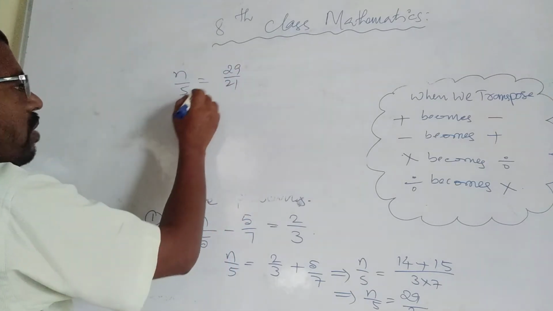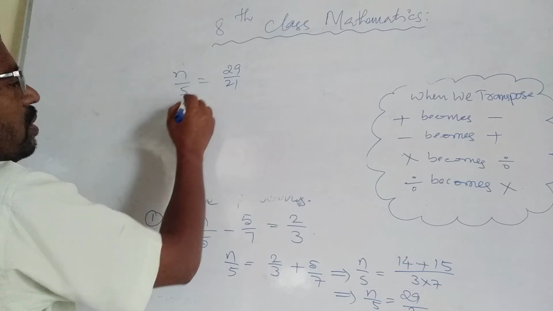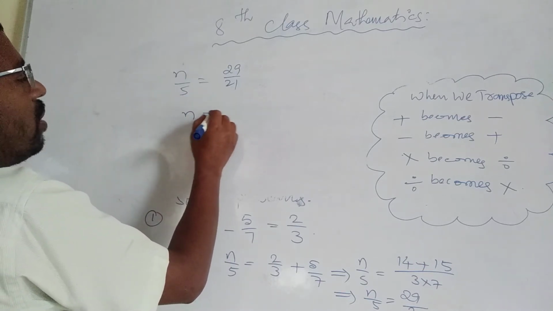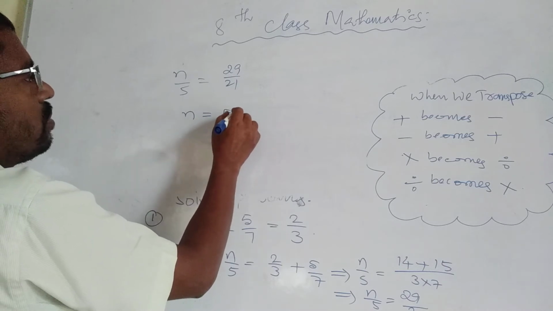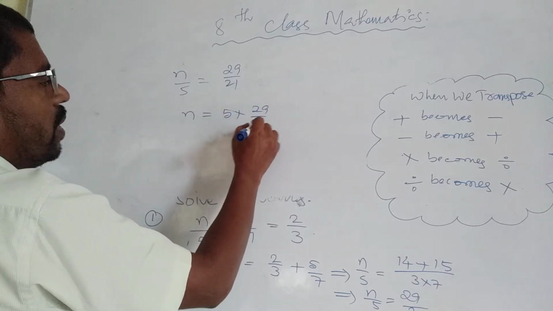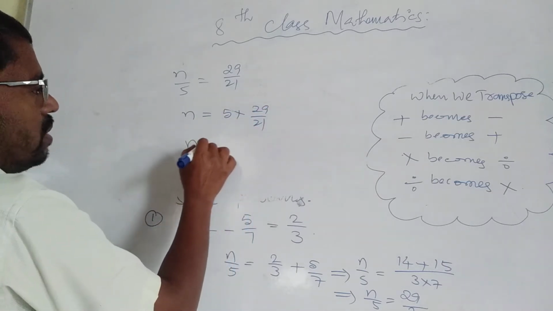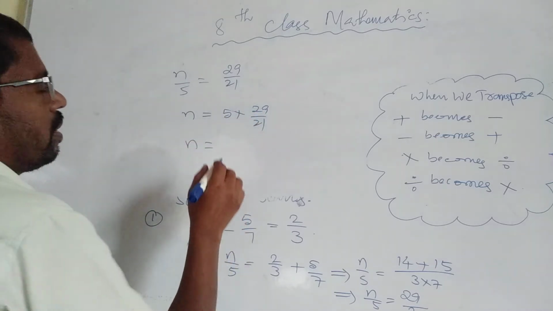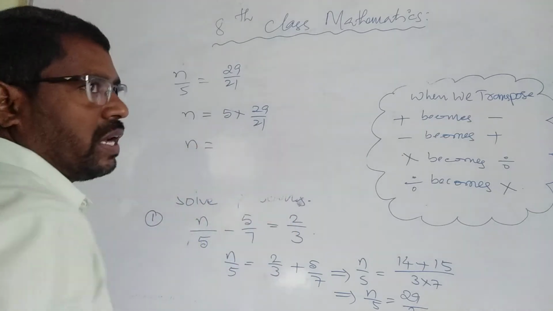I want to find n, so cross multiplication. n is equal to 5 into 29 by 21. That is n is equal to 5 into 29, we should multiply, or cancellation. Is there any possible? No cancellation.